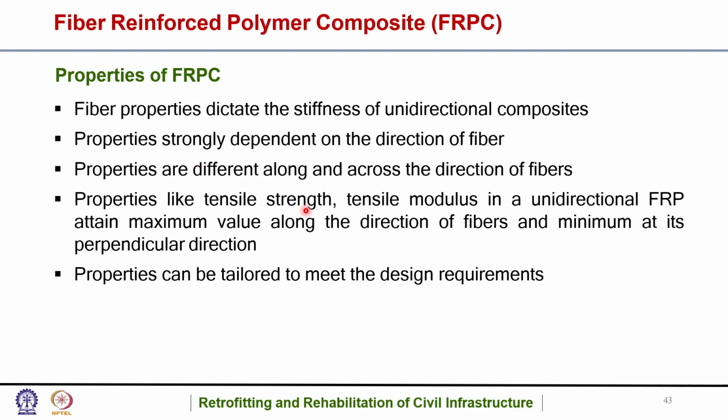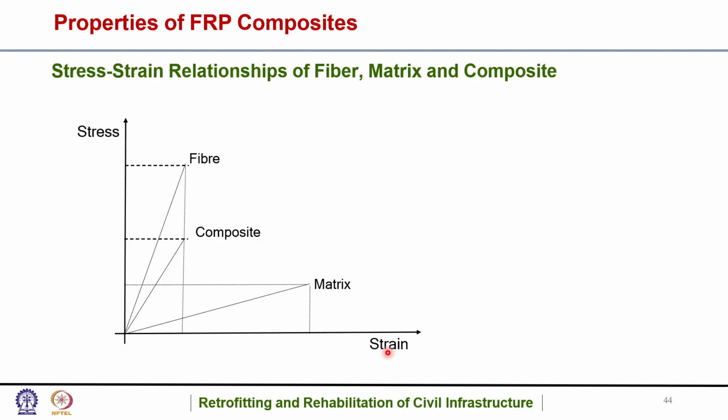Properties like tensile strength and tensile modulus in a unidirectional FRP are at a maximum value along the direction of fibers and minimum in the perpendicular direction, which is obvious. The properties can be tailored or manipulated to meet the design requirements. That's why it has various utility.